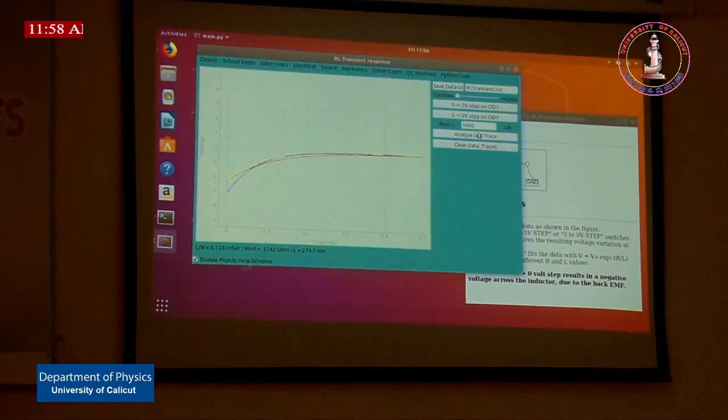Right? The difference between the last two readings is 83, right? So what is L? L is equal to (L1 plus L2) plus or minus 2M, where M is the mutual inductance, right?